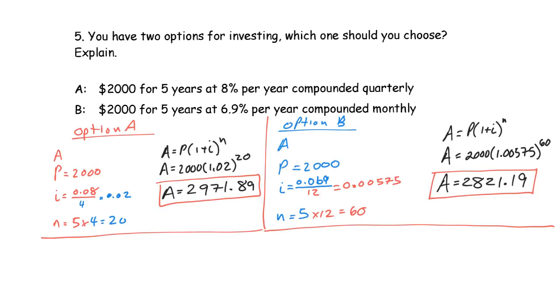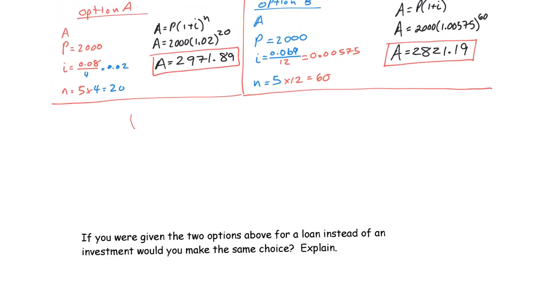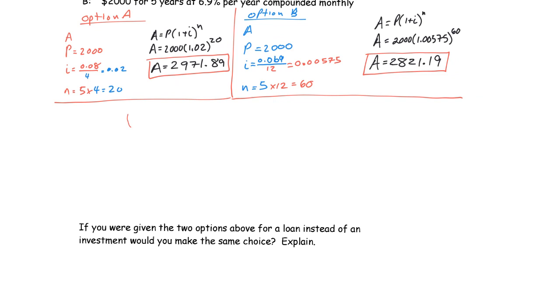So when we compare option A to option B, it looks like option A makes more money over time, right? So the last thing that you need to be able to do is justify the reasons why you would choose option A over option B. And I would tell you this, based on the amount, the interest on option A makes more money, right?